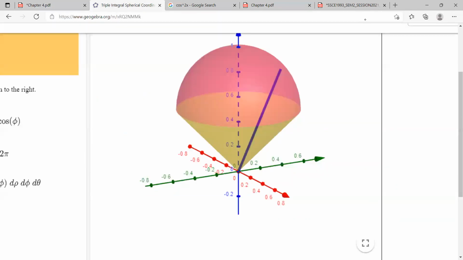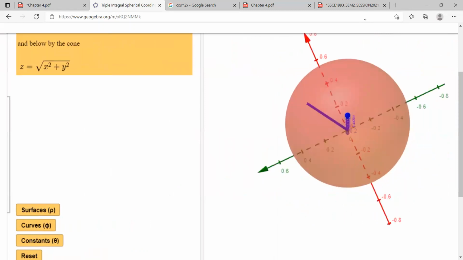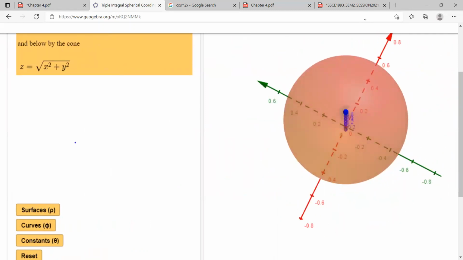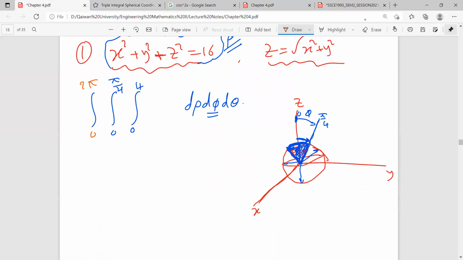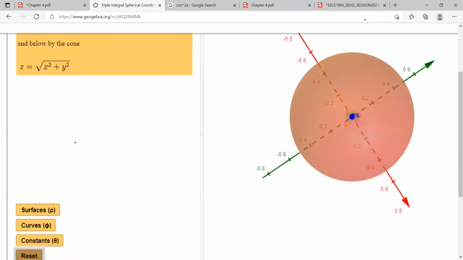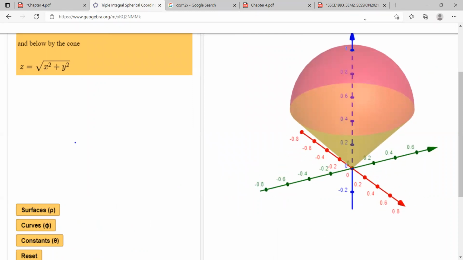Let me show you on the graph here. For phi, it is from the z-axis to the boundary of the cone.